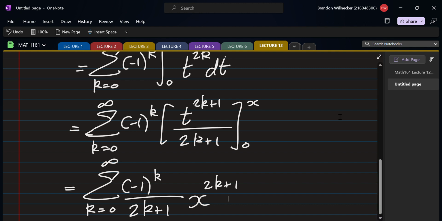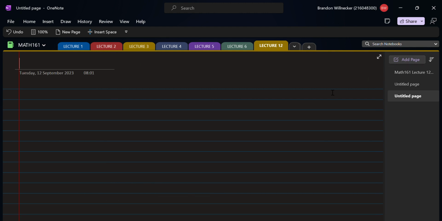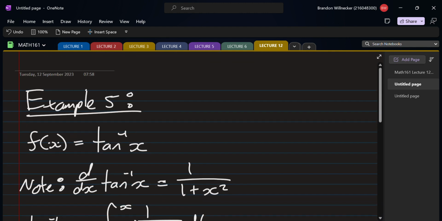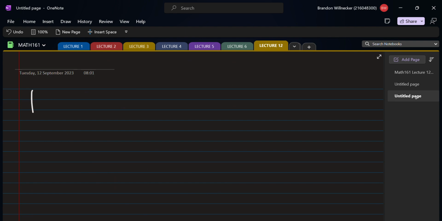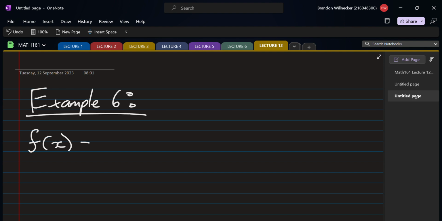Okay, we're going to do one more example, and then we'll save the rest for our in-person lecture. So this is example 6. Here we have f of x is equal to cos of x squared.